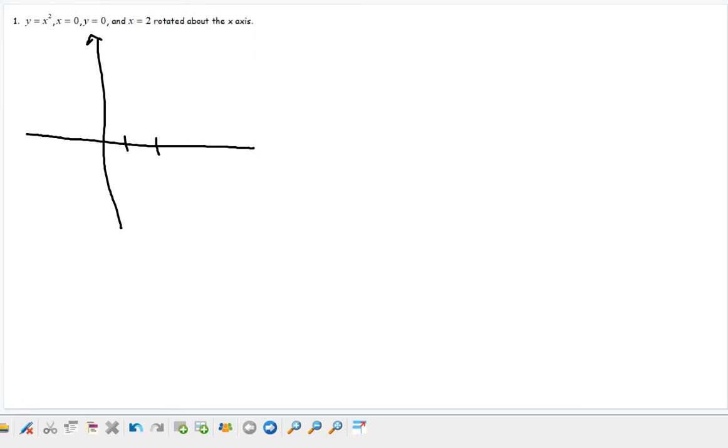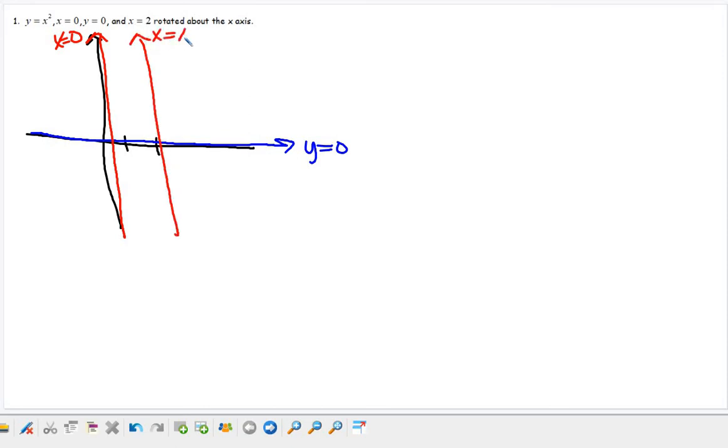So let's do, so this is y equals 0. And then, of course, this is x equals 0. And I know this is terrible, but it's very hard to draw straight lines on here. But I know you guys know. And then we have x is equal to 2.